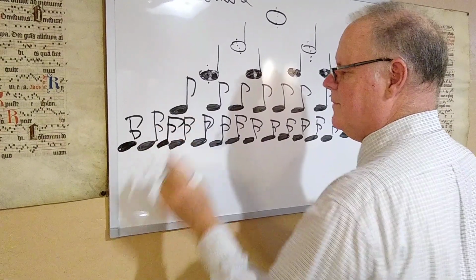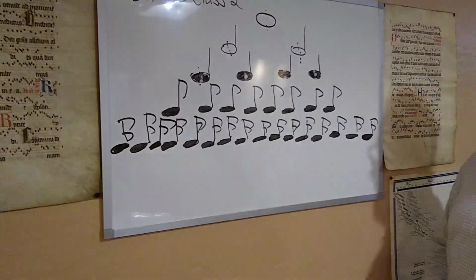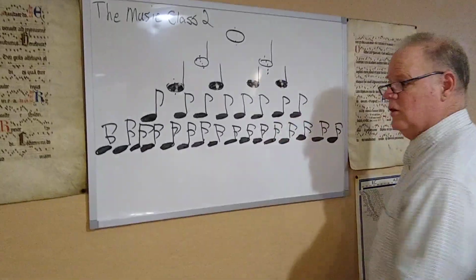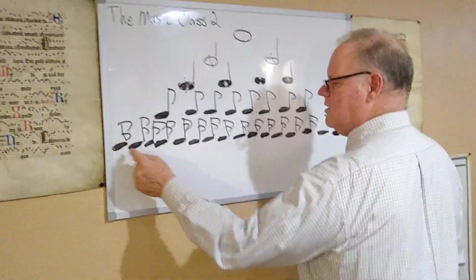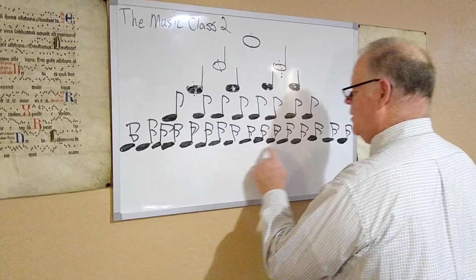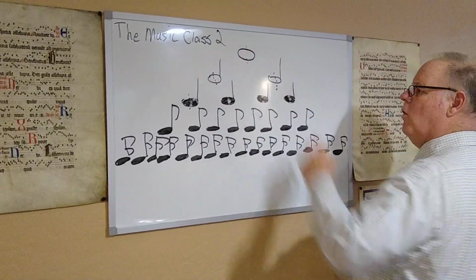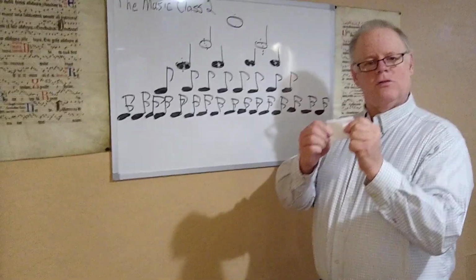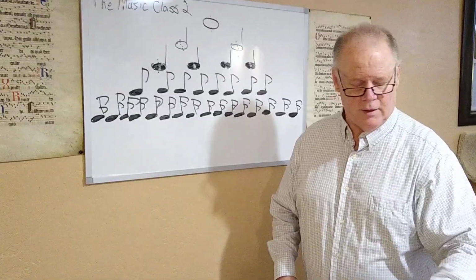How's that? So we have 16 16th notes. The reason why they're called 16th notes is because I need 16 of these to equal that whole note. Just like I needed 16 of these little squares to equal one whole sheet of paper.